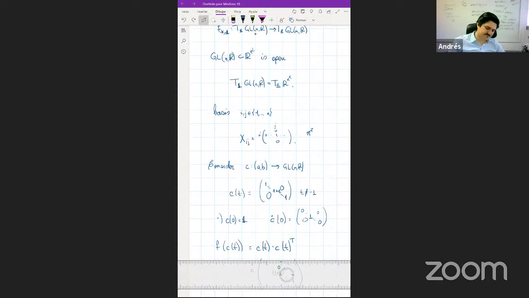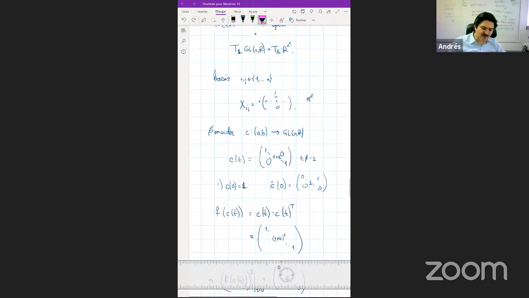So now this is a curve also on GL_n, but let's say not on the domain, but on the codomain. And you can write down the product and you have something like this.